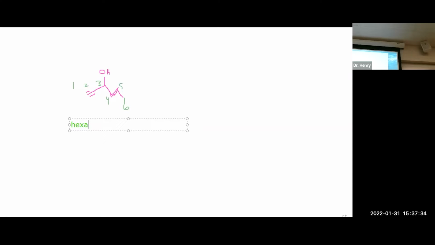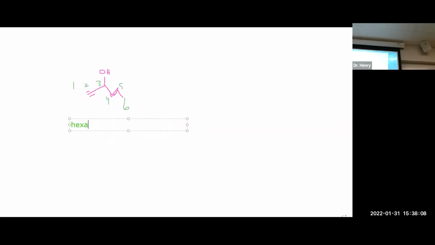New school way. You're doing it the old school way like I did when I was in school. Okay, so you guys are not doing so good so far. It's okay. What you're saying is right. The location of the ene and the ol are correct, right? You guys are saying the location right, but the order in terms of how I would write it. So let's actually put the number in the name.